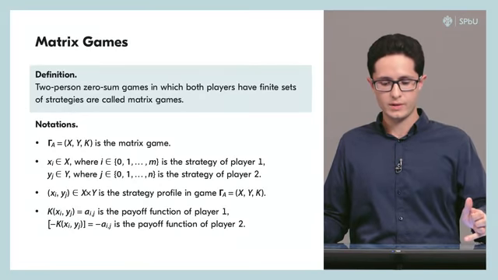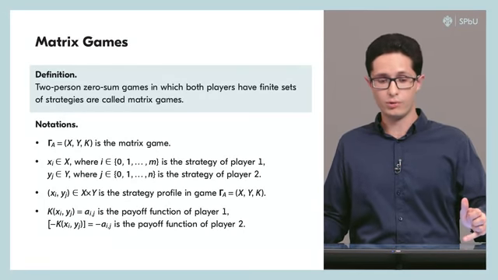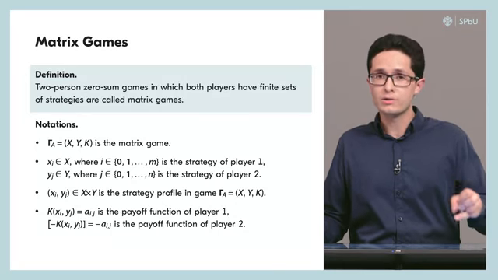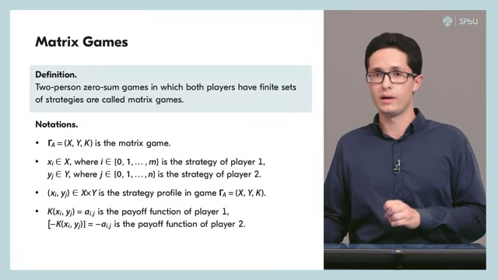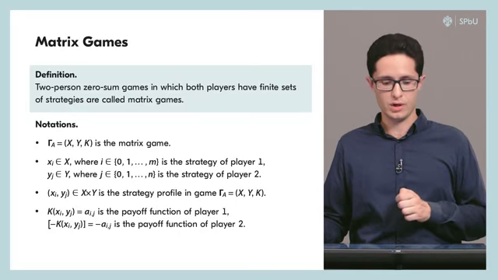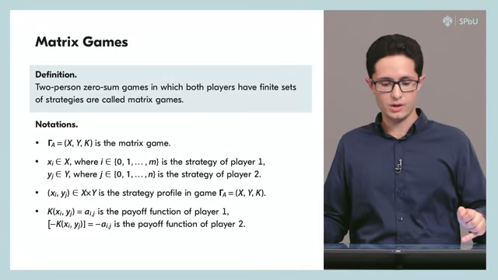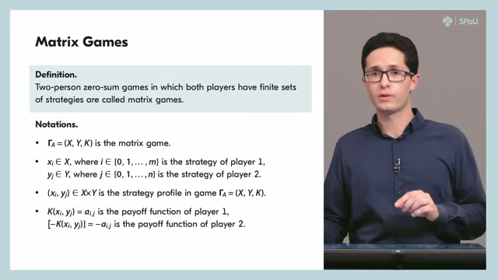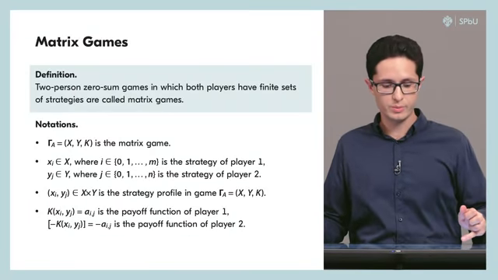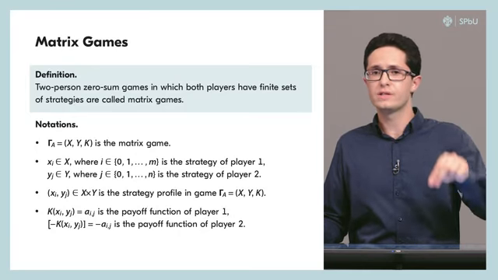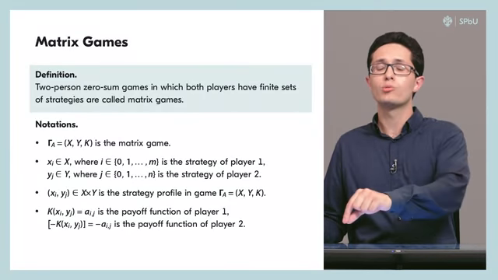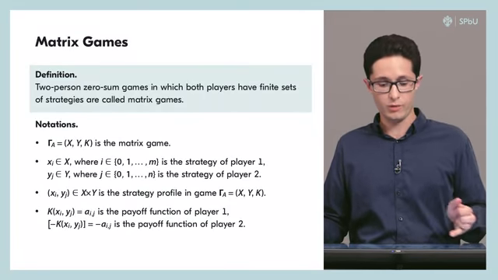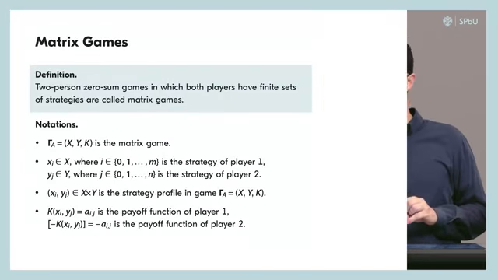For matrix games, strategies of the first and second players have the following form: x0, x1, etc., xm, and for the second player, y0, y1, etc., yn. So there is a finite set of strategies. The set of strategy profiles is also finite, and the payoff function of the first player is defined for each of these strategy profiles and can be written in the form of a matrix. The payoff of the second player is calculated as minus the payoff of the first player.